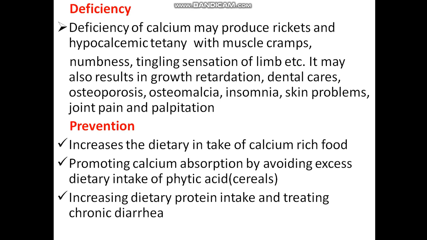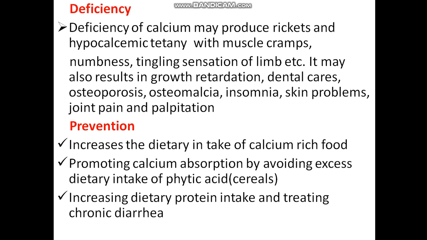Then, prevention against calcium deficiency. Increase the dietary intake of calcium-rich food. Promote calcium absorption by avoiding excess dietary intake of phytic acid, that is, cereals. What is phytic acid?